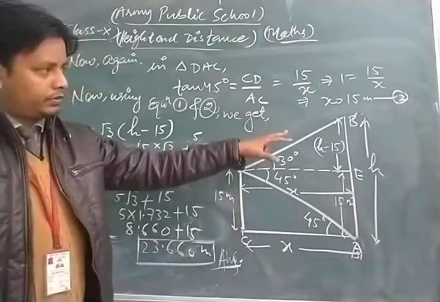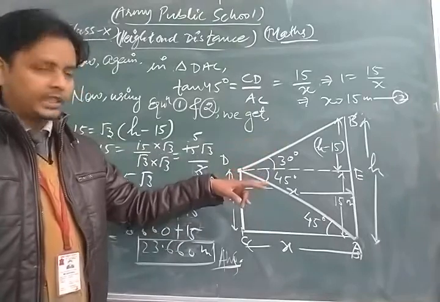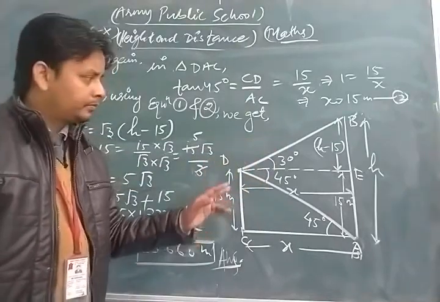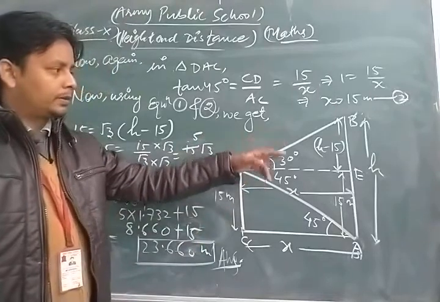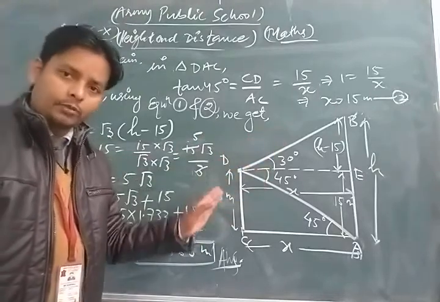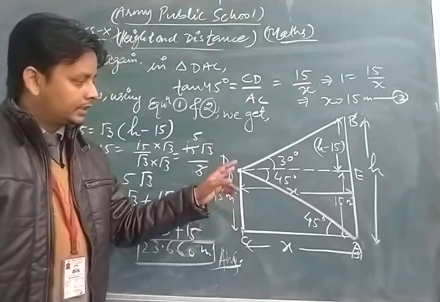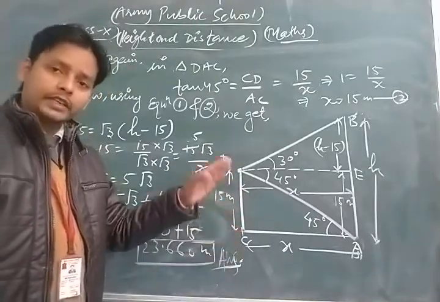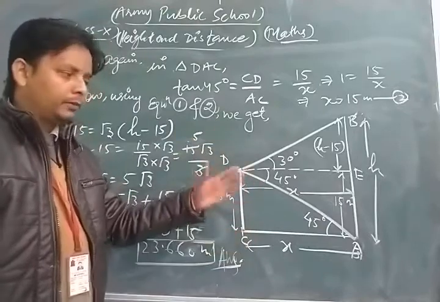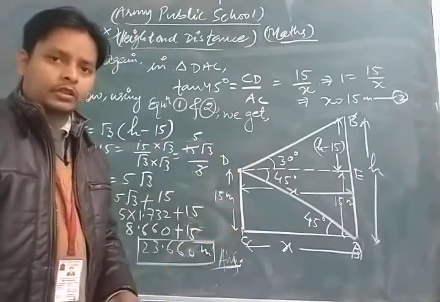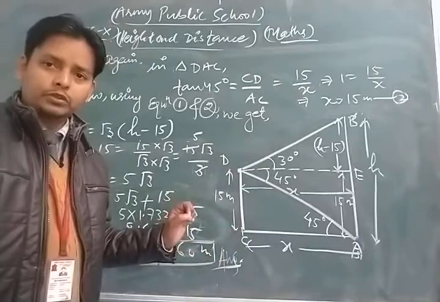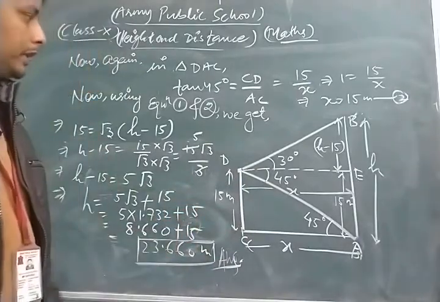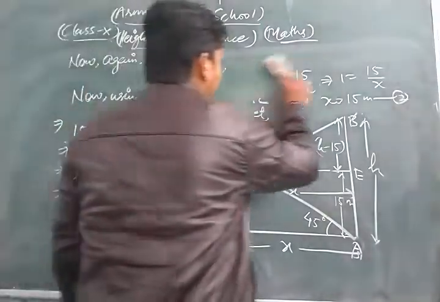In this question, first of all, we take triangle BDE and apply the tangent rule, that is tan 30 equals perpendicular upon base. After that, we form equation 1. Then we take triangle DAC, and again apply the tangent rule, and with the help of these two equations, we simplify the question. This is a very important question for you and your upcoming examination. So please do more and more practice, dear students.